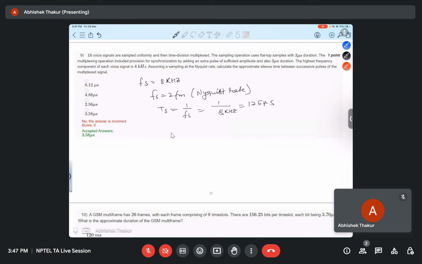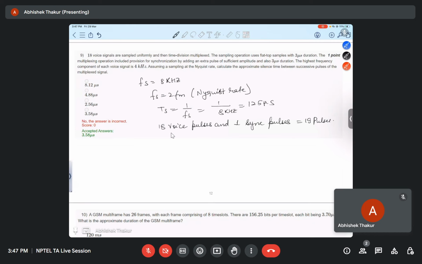Since there will be 18 voice pulses and 1 sync pulse, the total pulses are 19.